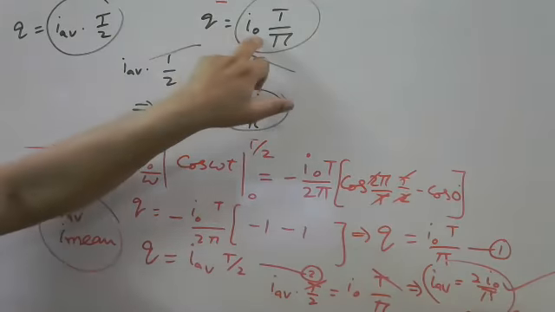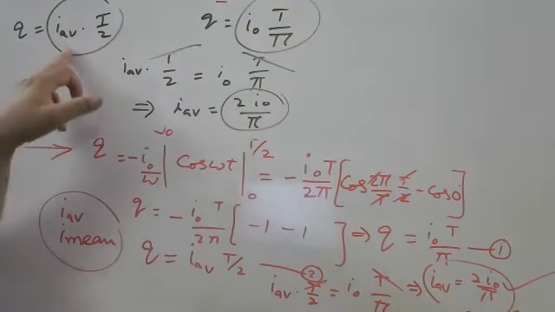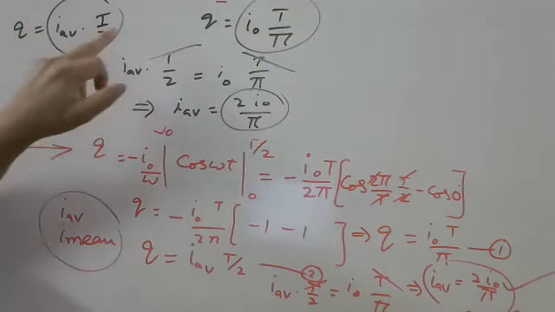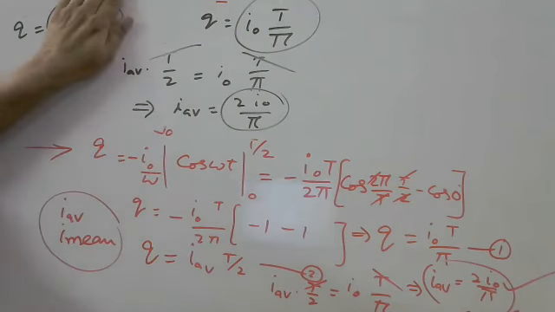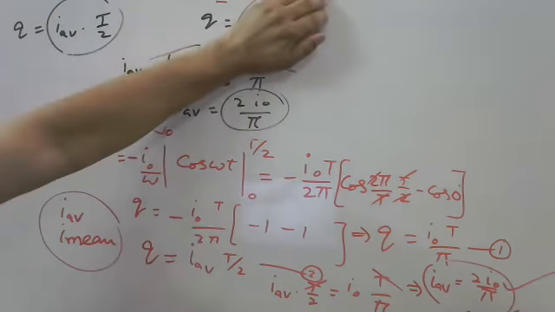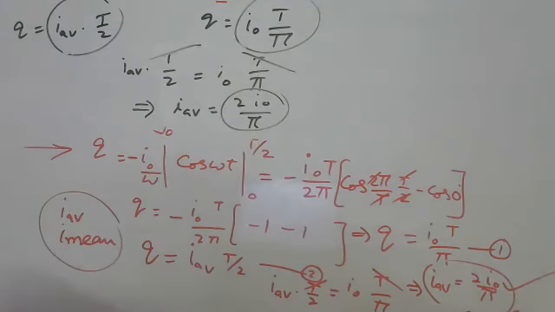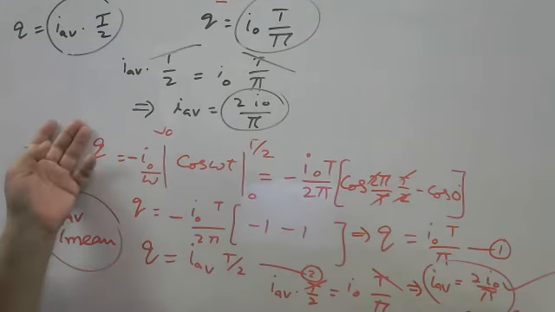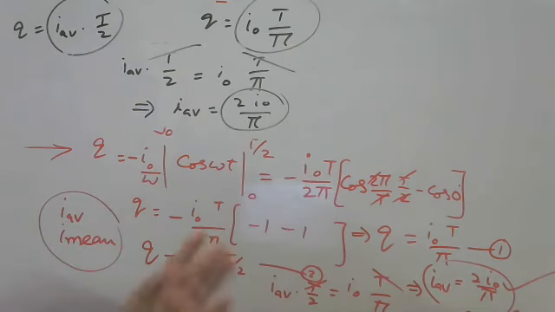And by derivation, q is equal to I naught T upon pi, meaning suppose current is there for T by 2, this is also the charge flown in the circuit in half cycle. So just equate it and we get the result. Why confusing? Up to equation 1 there is something, after that nothing is there.